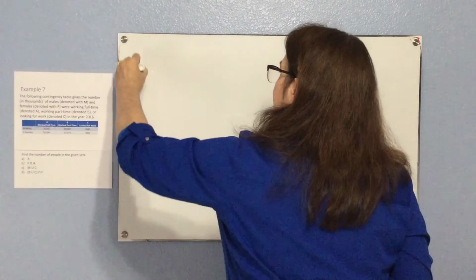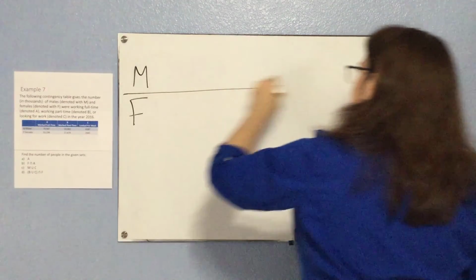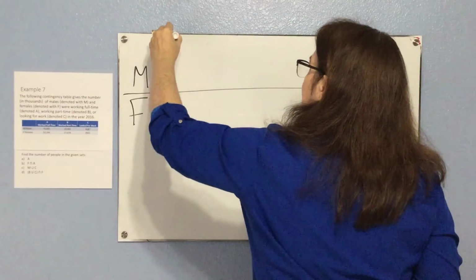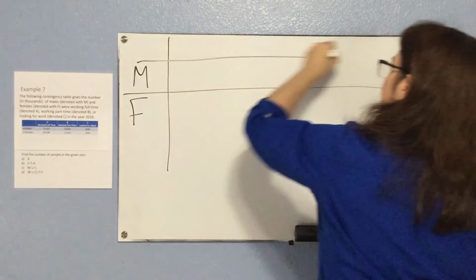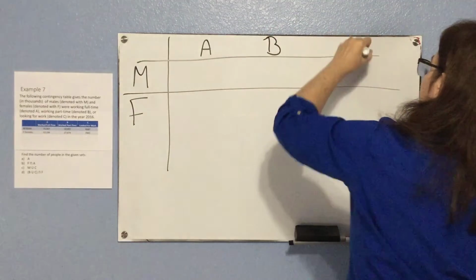Okay, so I'm going to make this into a table instead of a diagram. I'm going to have males and females, and then 3 categories, A, B, and C.